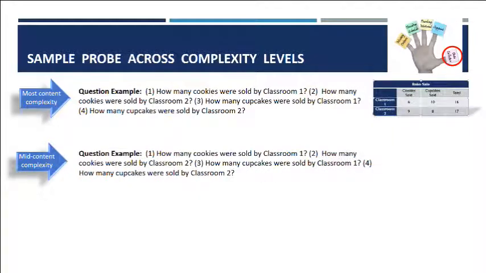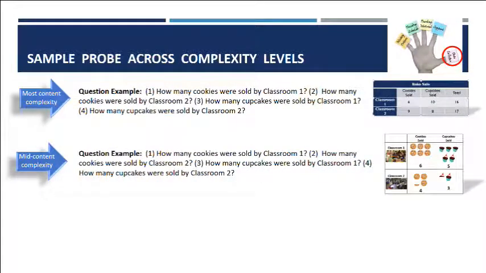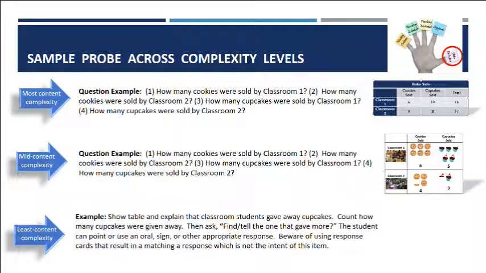At the mid-complexity level, again, we had a data chart. They could be manipulatives on your two-way data chart, or pictures. Any way that you can represent it so the students can best take the information in and show what they know. But again, this would get to what that alternate eligible content was asking students to know and be able to do.